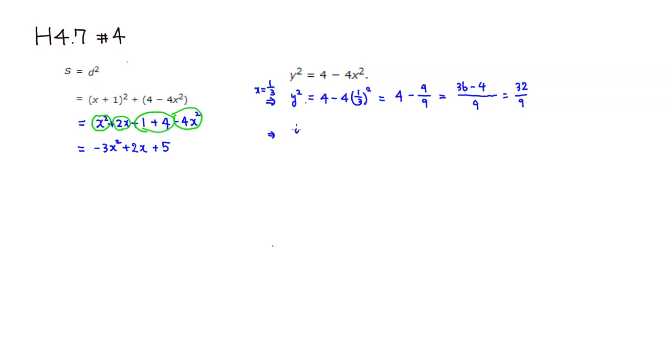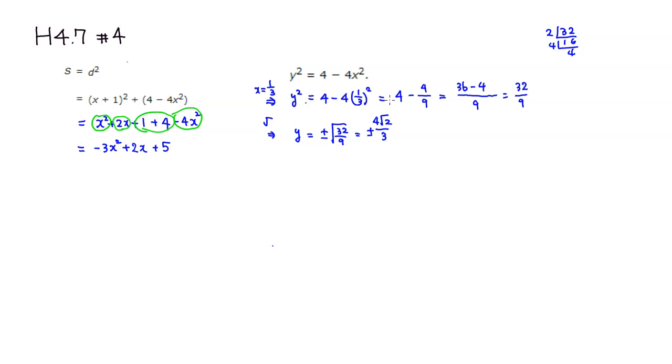So y is going to be equal to, by taking a square root, plus or minus the square root of 32 over 9. The square root of 9 is 3, so 3 is on the bottom. For 32, let's break it down: 2, 16, so it's 4 times 4. So it's going to be 4 square root of 2.